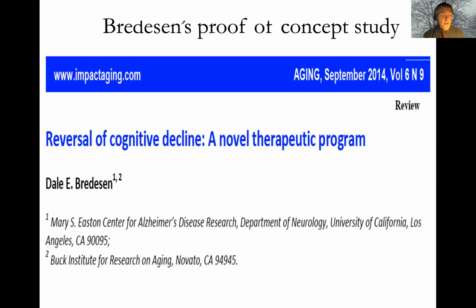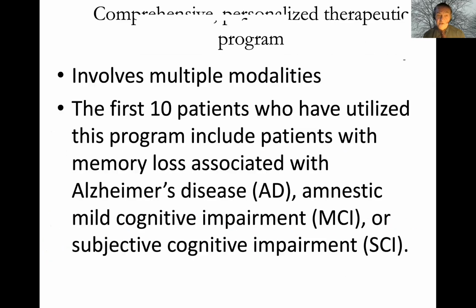Now I want to talk a little bit about our excitement about Bredesen's work. Dale Bredesen from the University of California at Los Angeles and the Buck Institute for Research on Aging in Novato, California, USA. Bredesen in 2014 published an inspirational case series of 10 patients who were able to reverse dementia.